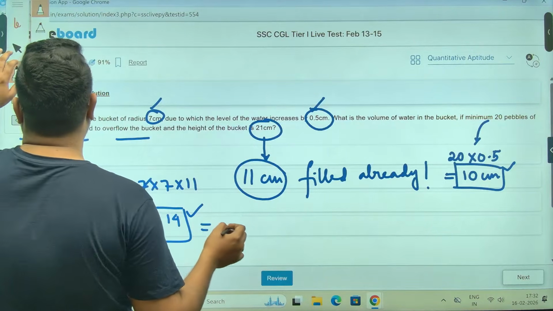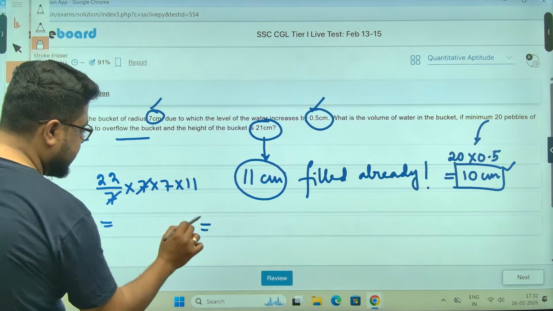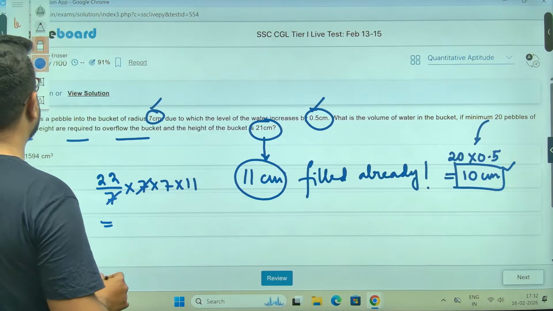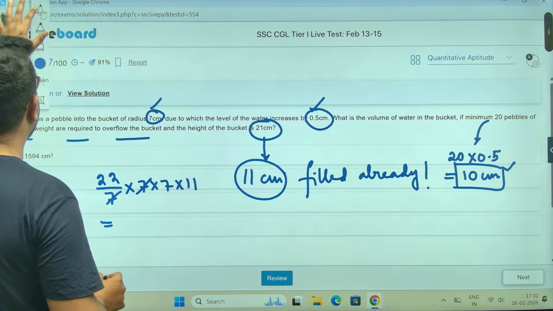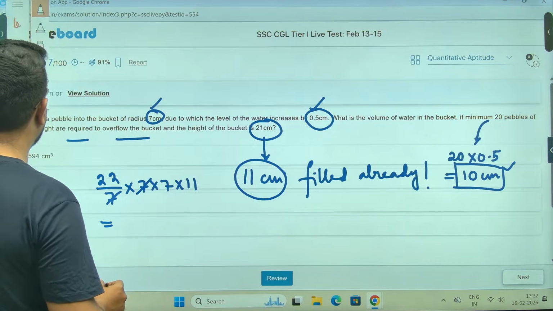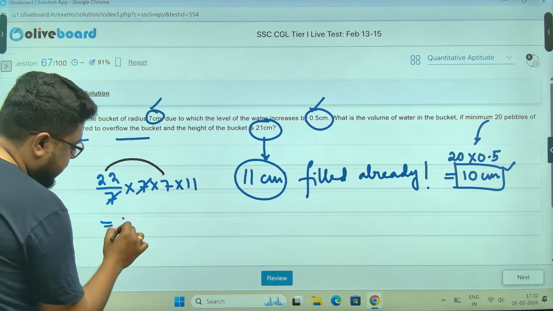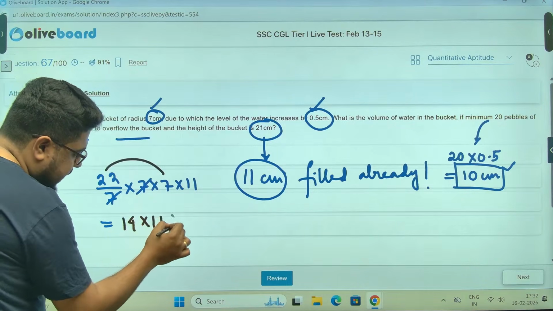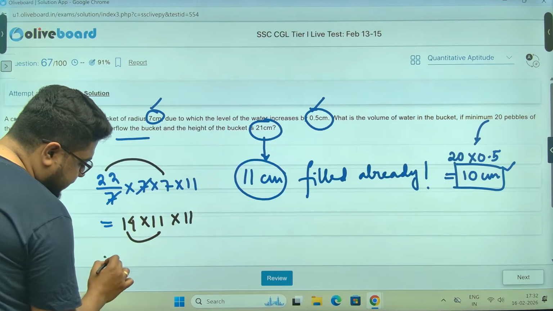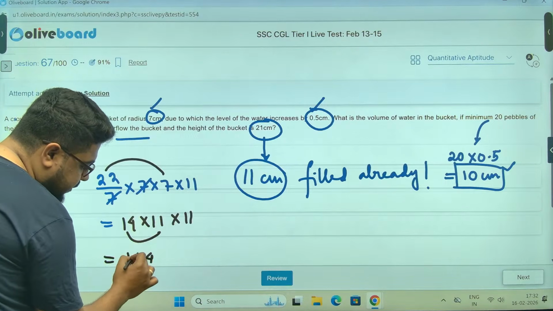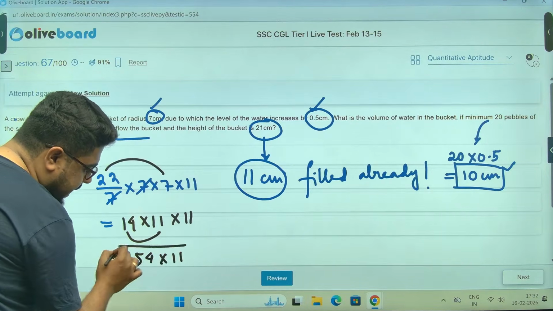Achha, just a second. We can do the calculation a little easier. Let me show you guys a technique, sir. This is 14 into 11 into 11. 14 into 11: 1, 4, 4 plus 1, 5. Multiply like this, again another 11.